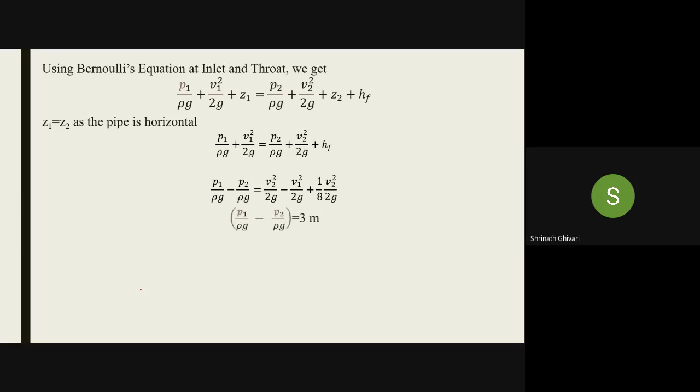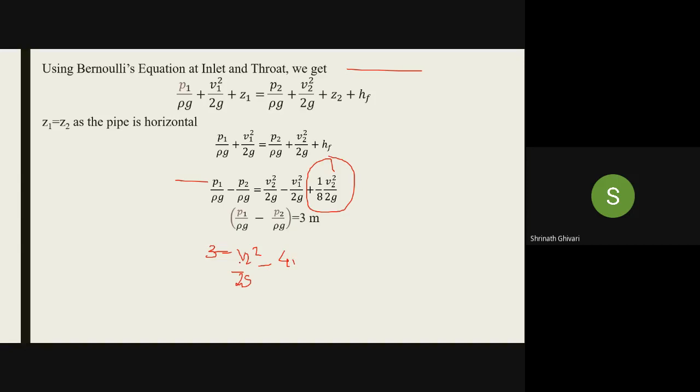So P1 by rho g minus P2 by rho g equals V2 square minus V1 square by 2g plus HF, and HF is 1 by 8 times V2 square by 2g. P1 by rho g minus P2 by rho g equal to 3 meter, right? So 3 equals V2 square by 2g minus V1 square by 2g plus the loss.